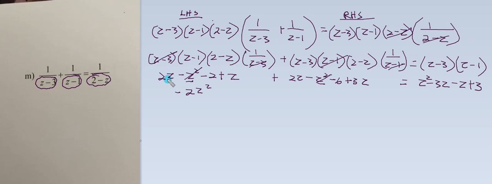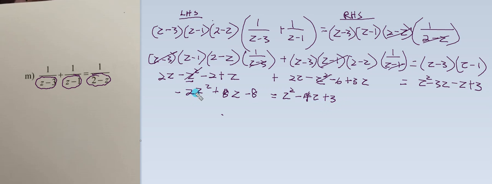Then you've got 2z and 2z, plus 3z, plus z, so that is 8z. Now you've got minus 2, minus 6, that gives you minus 8. Let's bring this equal sign over here so that they're closer. So it's z squared minus 4z plus 3.